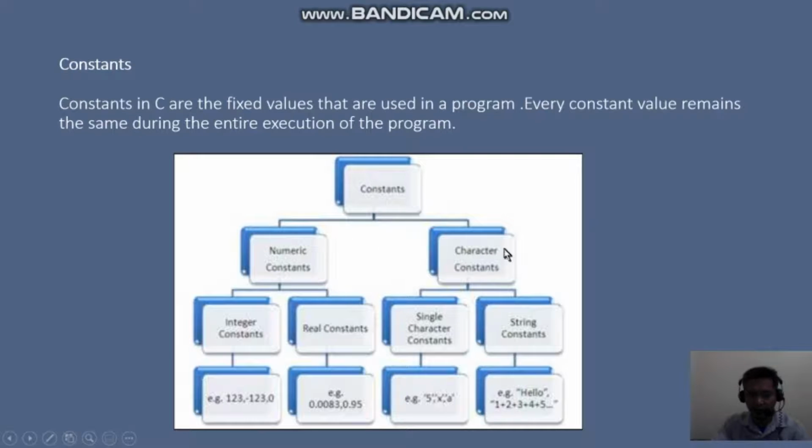We have numeric and character constants. Under the numeric constants, we have whole numbers like 1, 2, even negative numbers, and 0. These are integer constants. Likewise, with the real constants, we have decimals or fractions like 0.95, 0.0083, 1.3, or negative 1.321, etc.